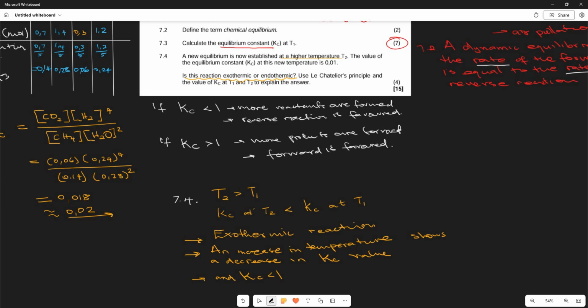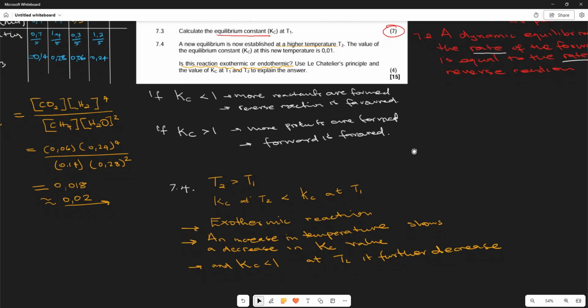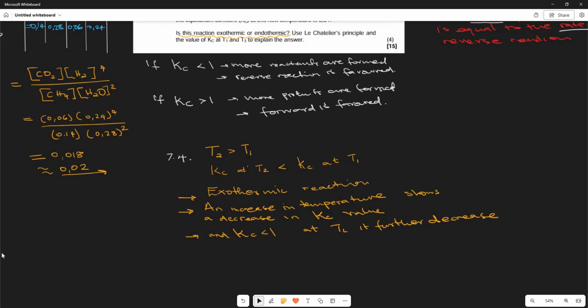Remember, at T2 it further decreases. That's what we are observing. So that means the reverse reaction is favored.